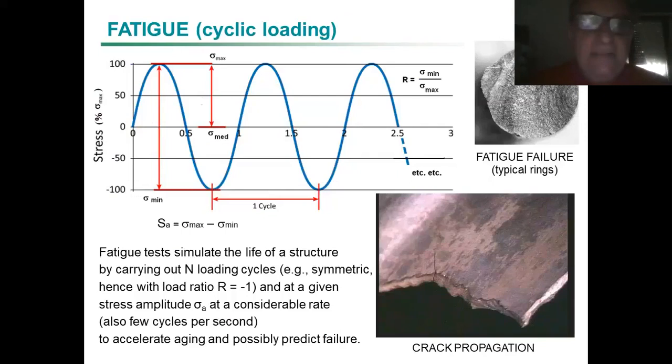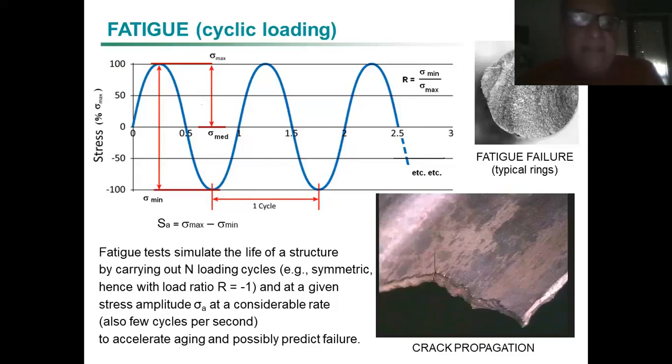Cyclic loading means that the material is subjected to a loading which goes from a maximum to a minimum, which might be just in one sense. You might have tensile cyclic loading, which goes from 0 to a tensile stress and then comes back to 0. Or we can have tensile compressive, for example.